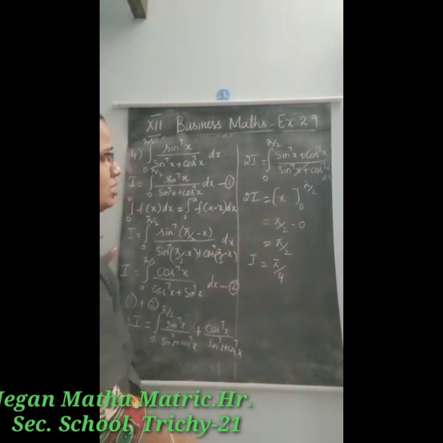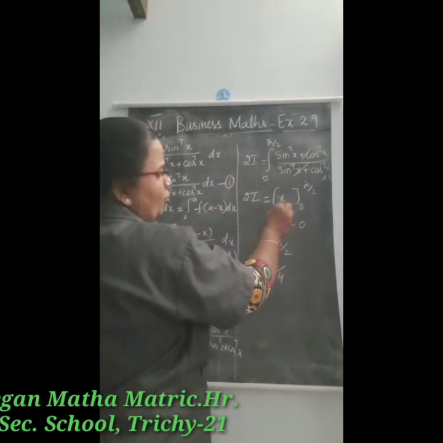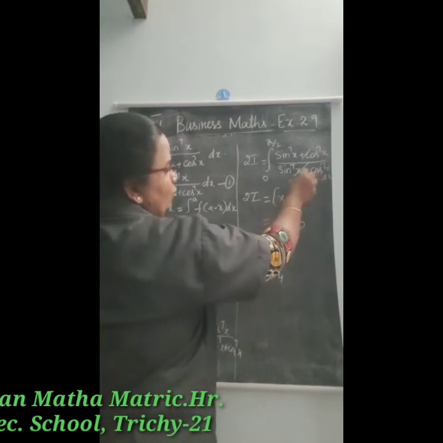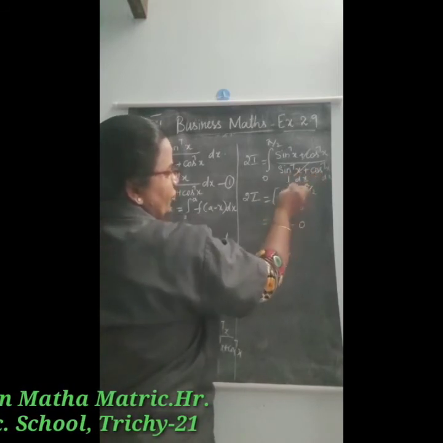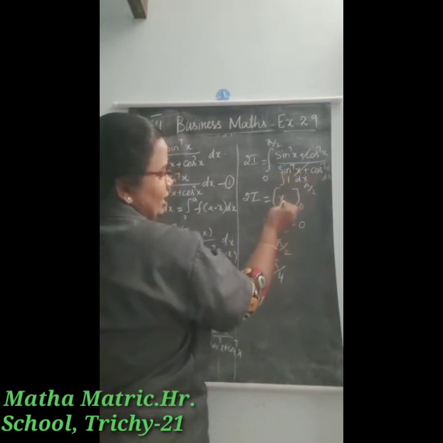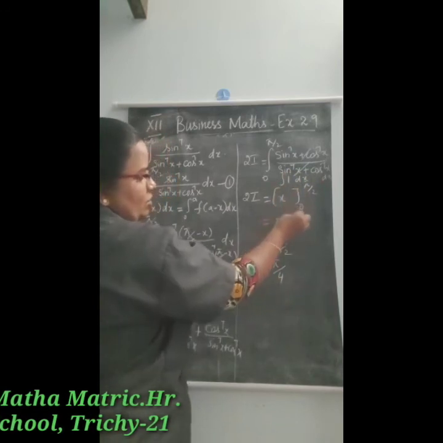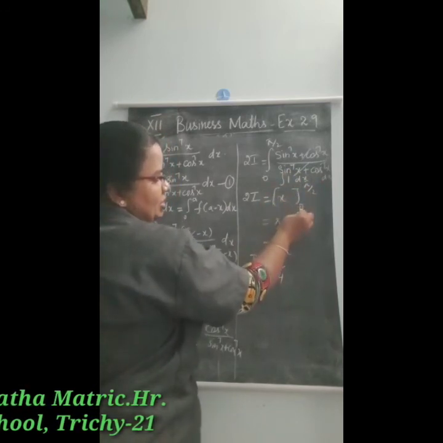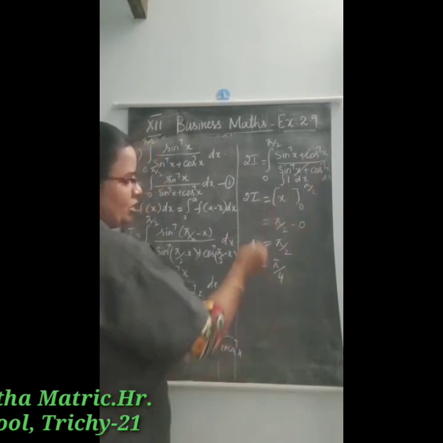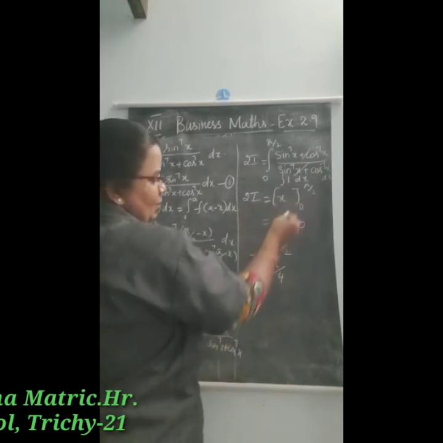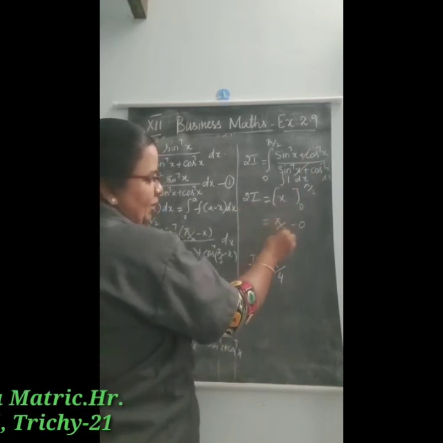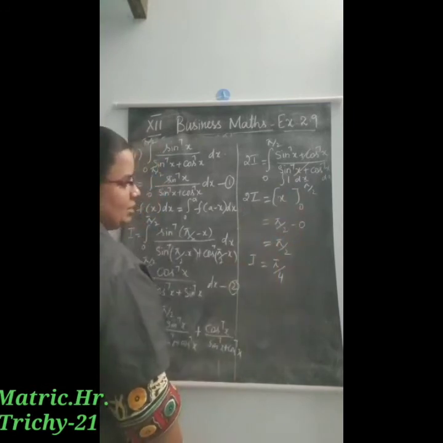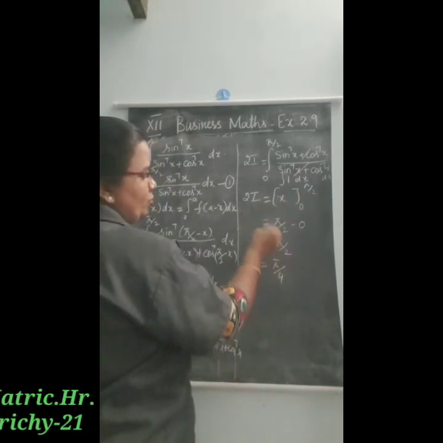So the integral of 1 dx is x, with limits 0 to pi by 2. So 2I is equal to, first the upper limit substituted, pi by 2 minus 0 for the lower limit, so that is equal to pi by 2.